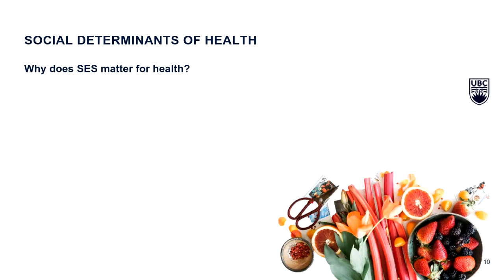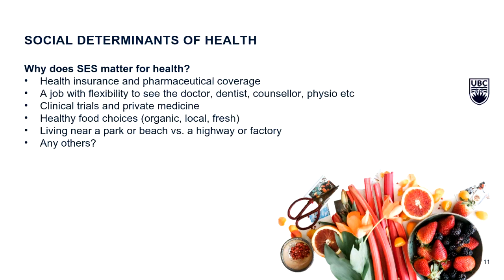So why does socioeconomic status matter for health? Just some examples include individuals with high SES can afford health insurance and pharmaceutical coverage. They will often have a job with time flexibility built in to see the doctor, dentist, counselor, physio, etc. They can afford to participate in clinical trials and pay for private medicine.